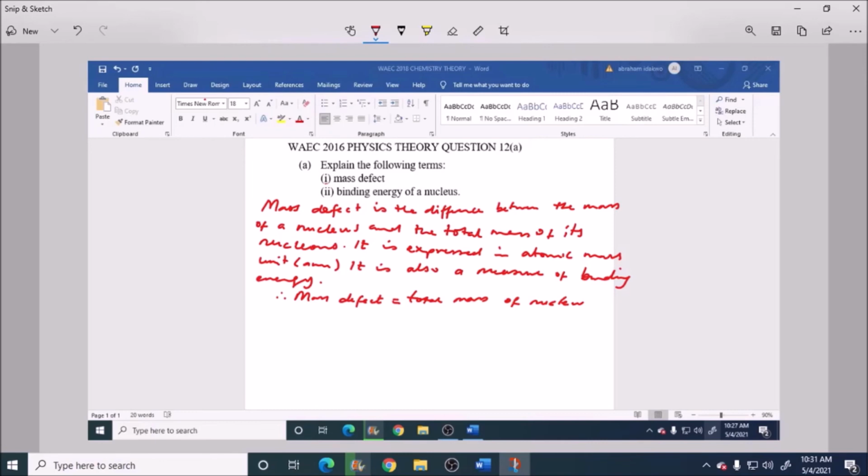Now, binding energy is the work done or energy needed to separate the nucleon in a nucleus.